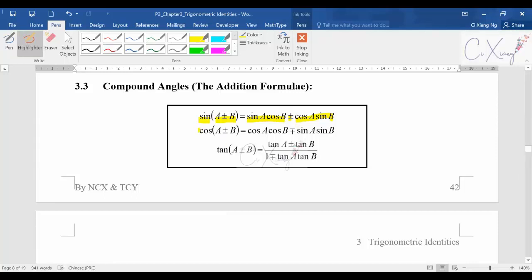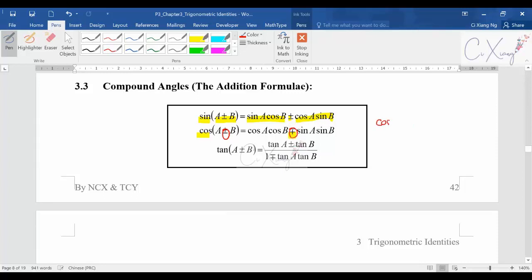When you have cos (A plus minus B), you have cos A cos B minus plus sine A sine B, so you have to take note of the sign here. For cos it is a bit different. If you have plus and minus in the bracket, when you expand it, it will become minus and plus.